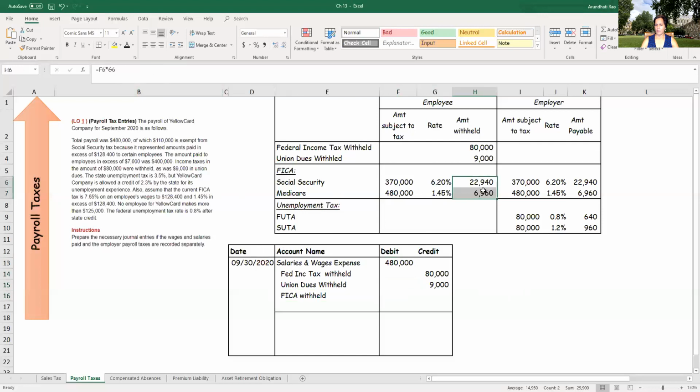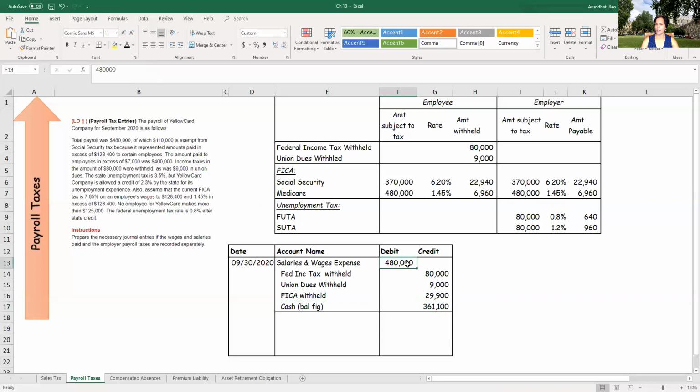These amounts combined give me $29,900. And then finally, I have the balancing figure. This is a plug number. The net paycheck is $361,100. So the employees are seeing this coming to them on the Friday when they get their paycheck, $361,100.